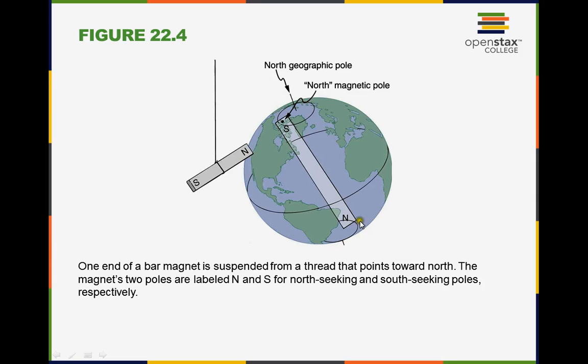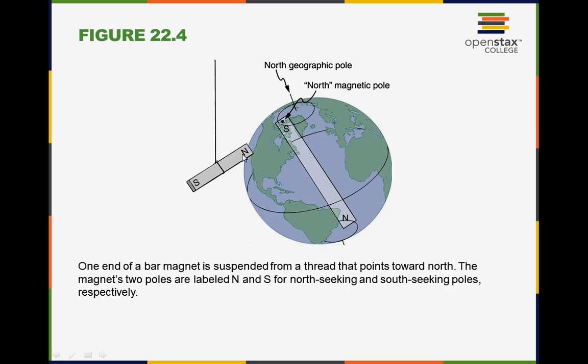And that giant bar magnet has a south magnetic pole near what we call the North Geographic Pole, and a north magnetic pole down near where we call the South Geographic Pole. And those poles would attract a magnet that you held in your hand.